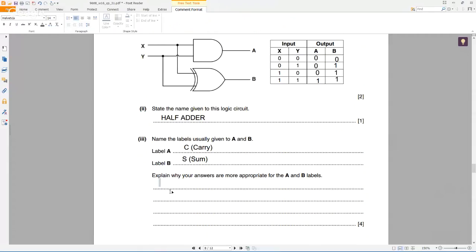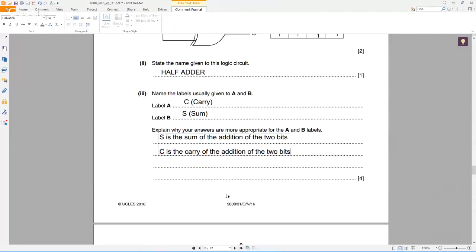Basically, S is the sum of the addition of the 2 bits, and C is the carry of the addition of the 2 bits. So S and C make more sense because each is the initial letter of what it actually is.